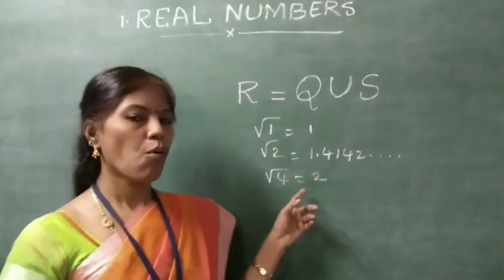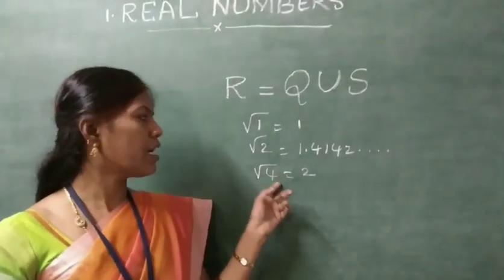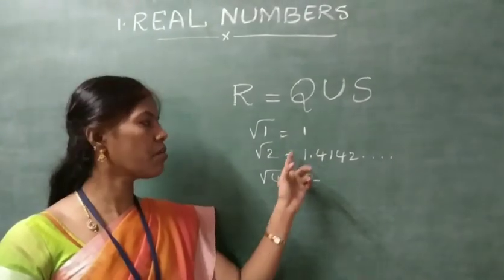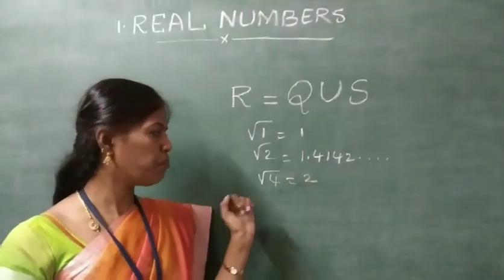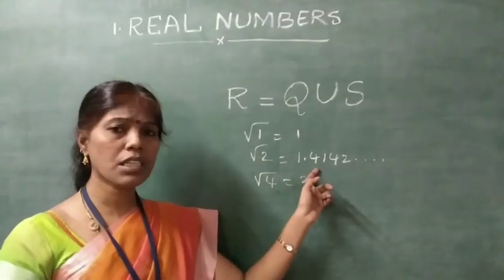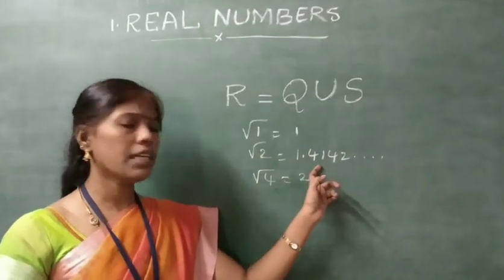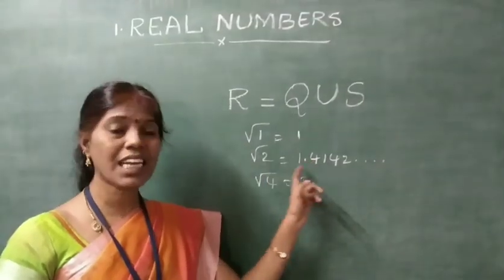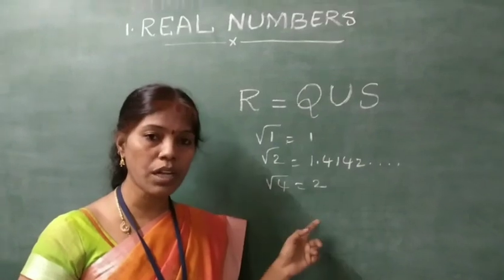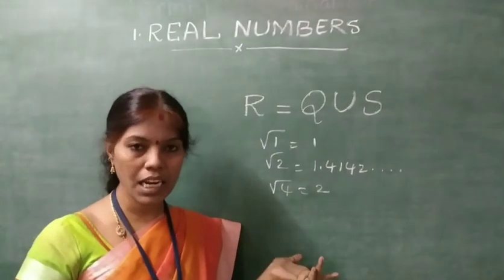Here, we know that 1 and 4 are perfect squares, so we got the square roots as 1 and 2. But while taking 2, we get a non-terminating, non-recurring decimal. So we call these irrational numbers. The square root of any number that is not a perfect square is not a whole number, and we call it an irrational number.